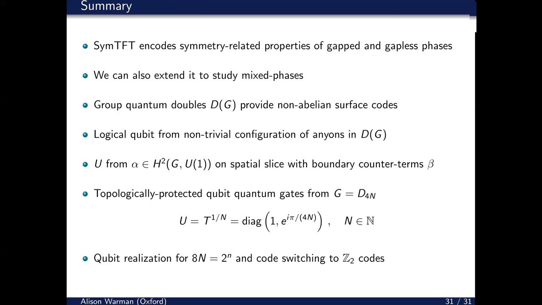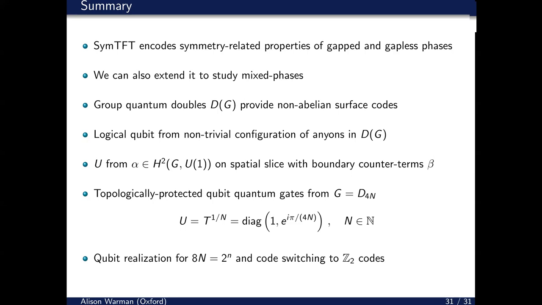In the second part, we saw how these same mathematical ideas of TQFTs, their boundaries and interfaces, can be interpreted as non-abelian surface codes, where the qubit logical states correspond to trivial or non-trivial configurations of anyons stretching between boundaries. And unitary gates can be implemented on these quantum states by stacking group 2-cocycles, like an SPT, on spatial slices with boundary counterterms.